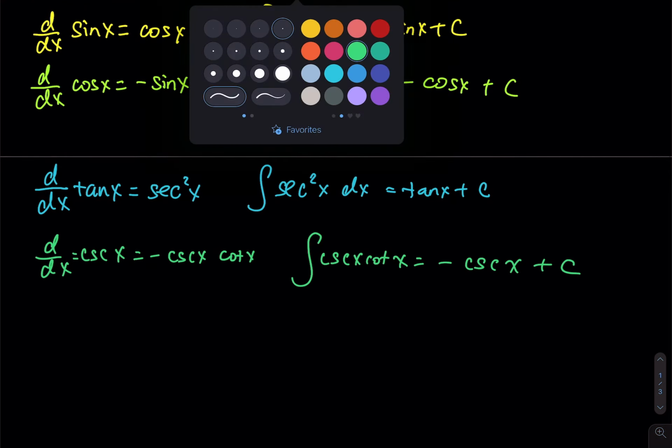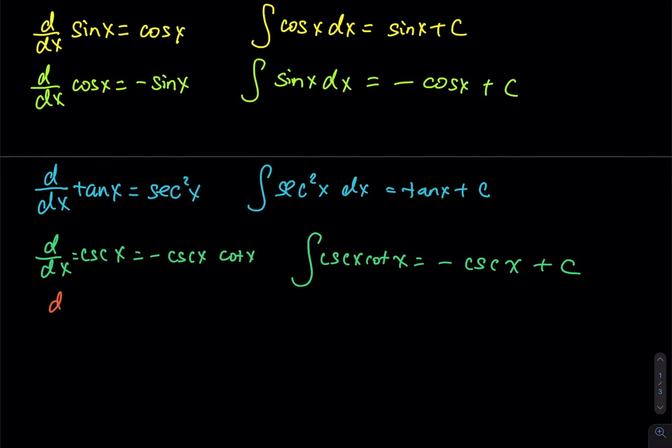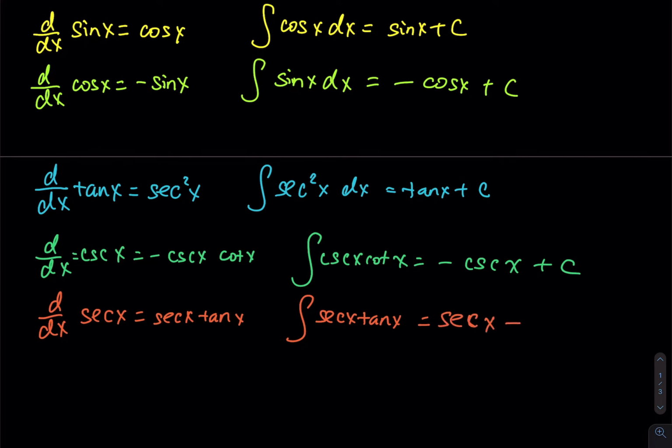Okay, two more. The derivative of secant is equal to secant x tangent x. And then the integral of secant x tangent x is equal to secant x plus c.